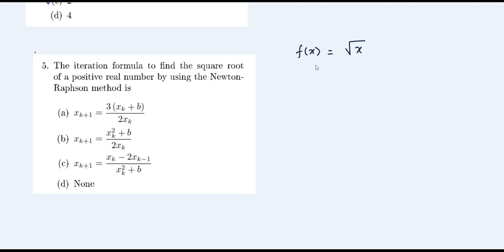Okay, I think it is the square root of a positive real number B. That is the question. What is the approximation? So x equal to B. Now, how to find the square root?